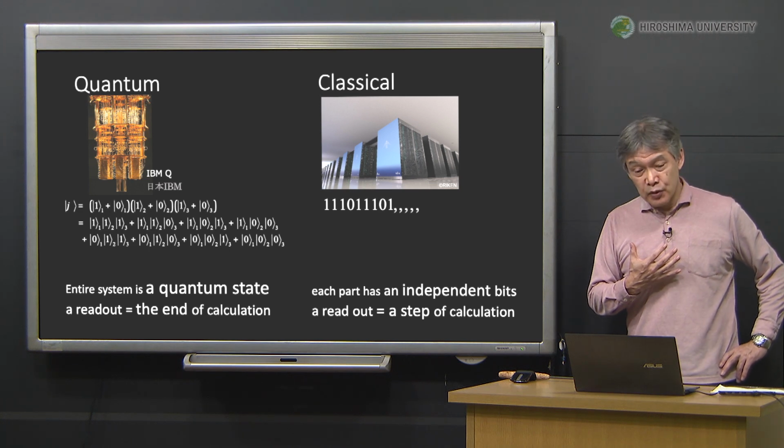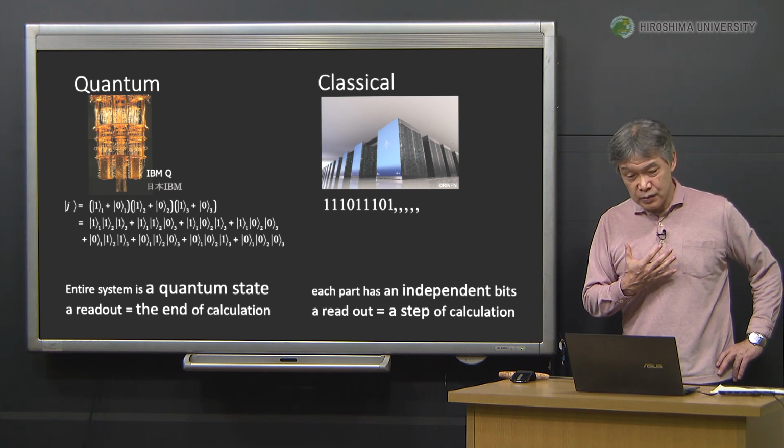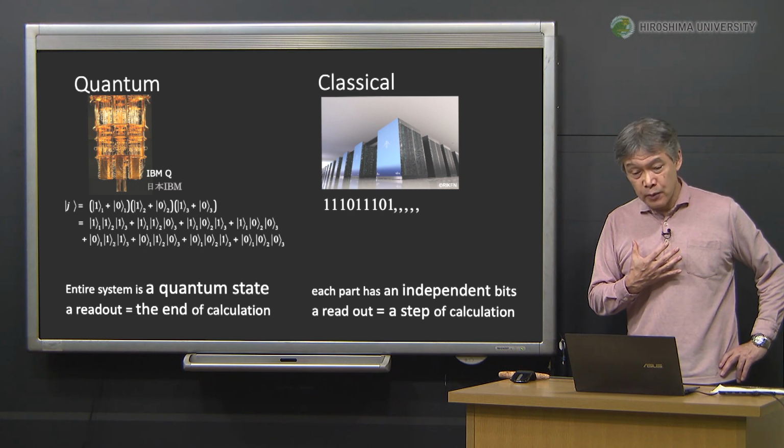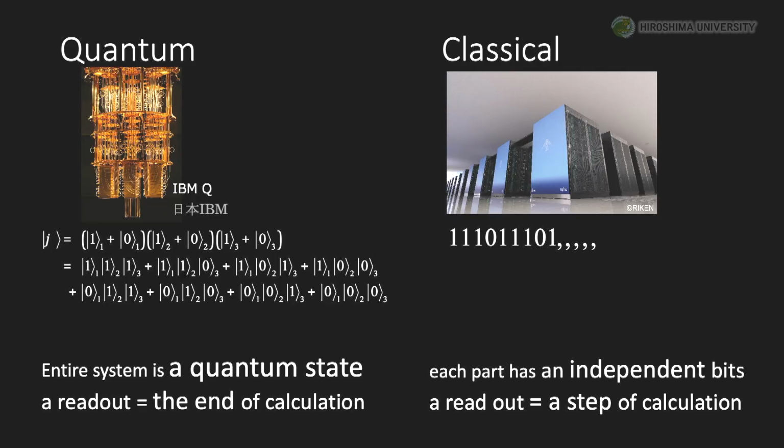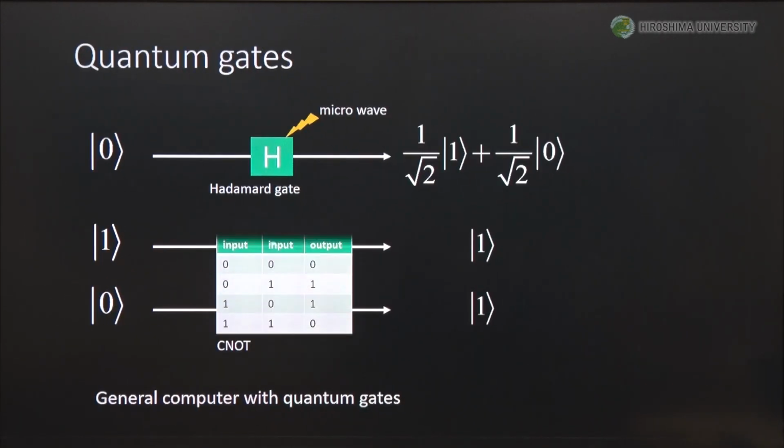However, with a quantum computer, we cannot continue the calculations. One observation means the end of the calculations. So that is a difference. But anyway, using a quantum gate, it is shown that it is possible to construct general purpose quantum computers.